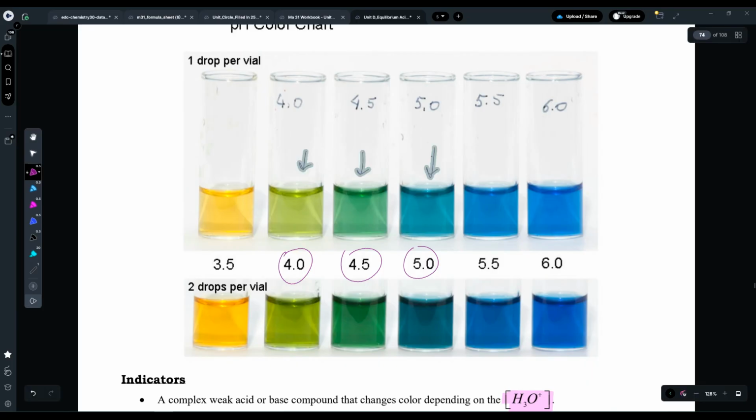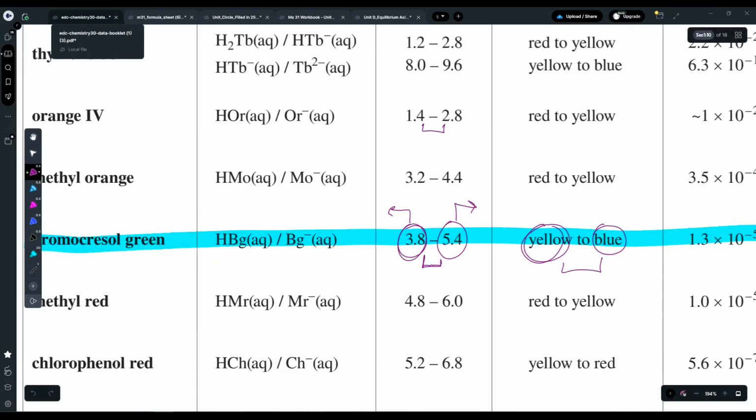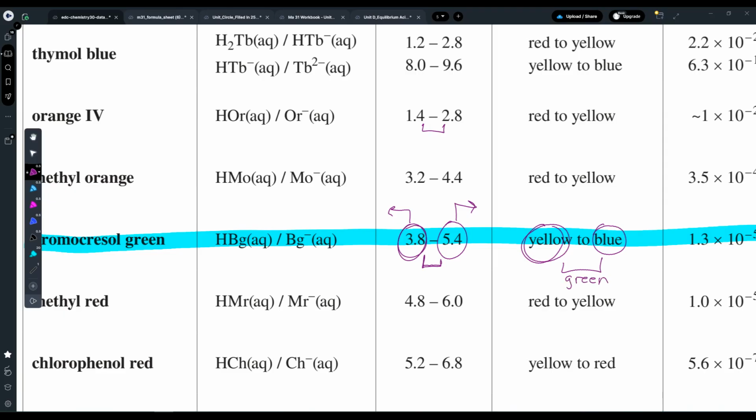But for the in-between range, you have a range of different greens, but for the purposes of this course, we just call all of the solutions within this range between 3.8 and 5.4 just green, for simplicity's sake.